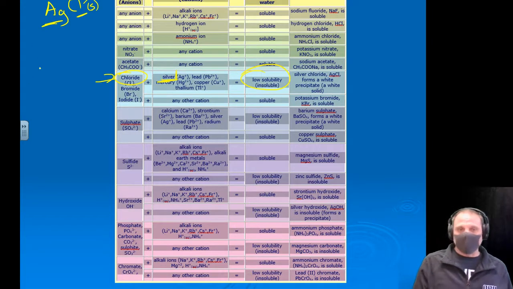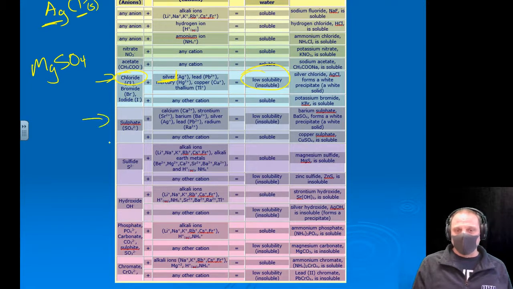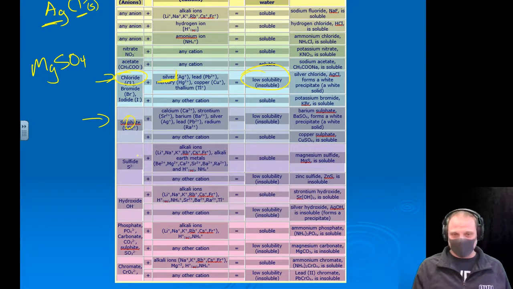Now, the next one let's look at is magnesium sulfate. So we want to use our negative ion. Oh, there's sulfate. Now, don't use the British spelling with the PH here, unless you're from Britain, then you can. Otherwise, you're going to use an F there, S-U-L-F-A-T-E, okay? But that's sulfate. Now, I've got to find magnesium. Is magnesium here in this list? Calcium, strontium, barium, silver, lead, radium?